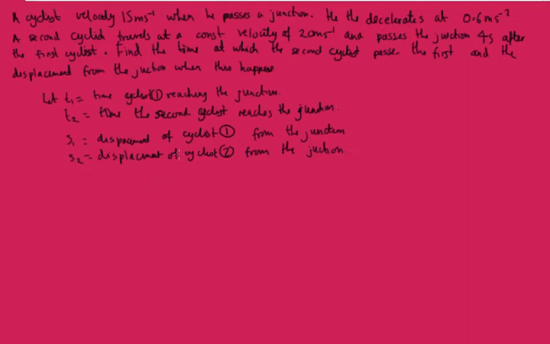Okay, so we're going to be using S equals ut plus a half at squared for the displacement. So for S1 it's going to be 15 T1 plus a half times minus 0.6 T1 squared.